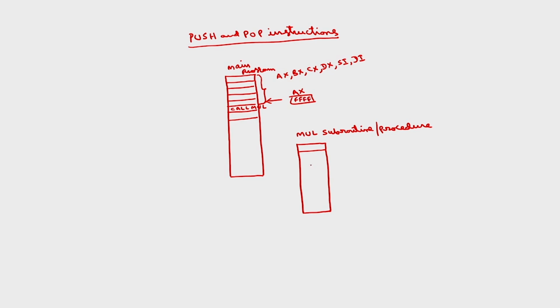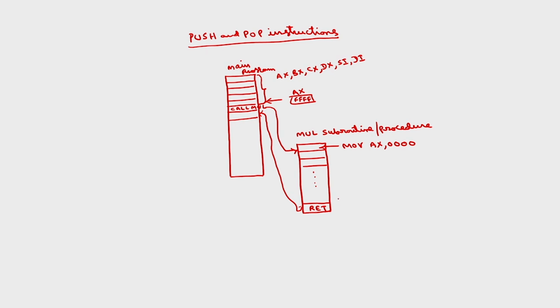If I directly call this subroutine, and in it I write an instruction like move AX comma 0000, what happens? These contents will be lost. After the execution of the subroutine, the last instruction is the return instruction, after which the control goes to the next instruction. Till this point the AX contents was FF.